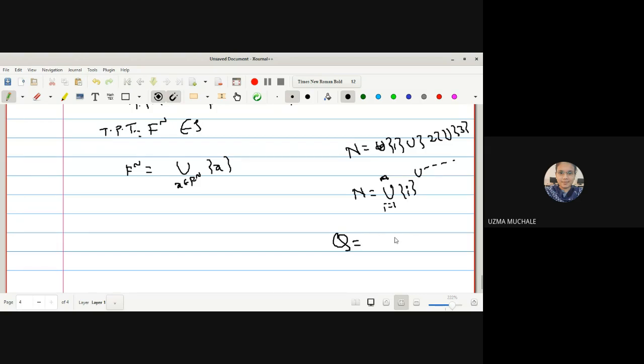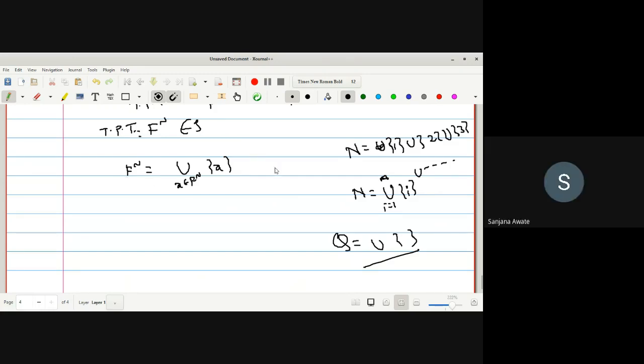So I can write the set of rational numbers in the form of a sum union, right? So I am simply writing this set as a union of all the singleton X, where X is a member of a F complement. Just like here I have shown you that any natural number set can be written as a union of all those elements. Have you understood this step?